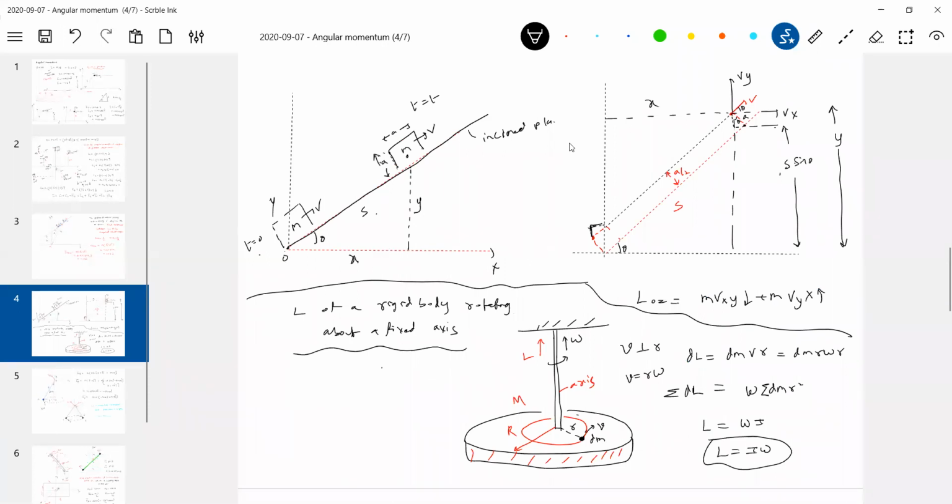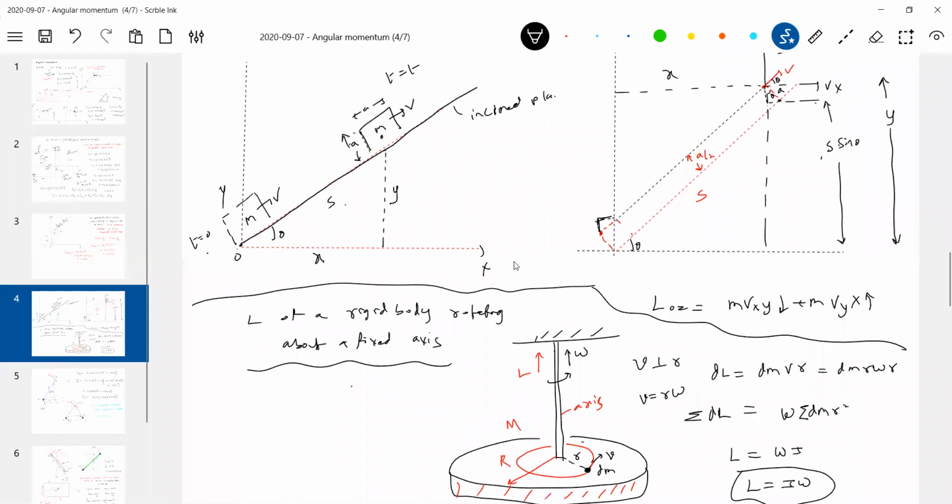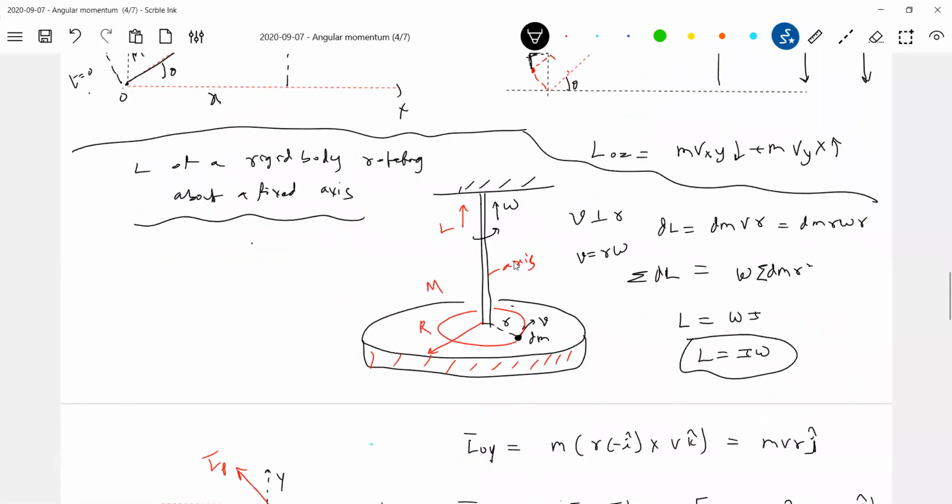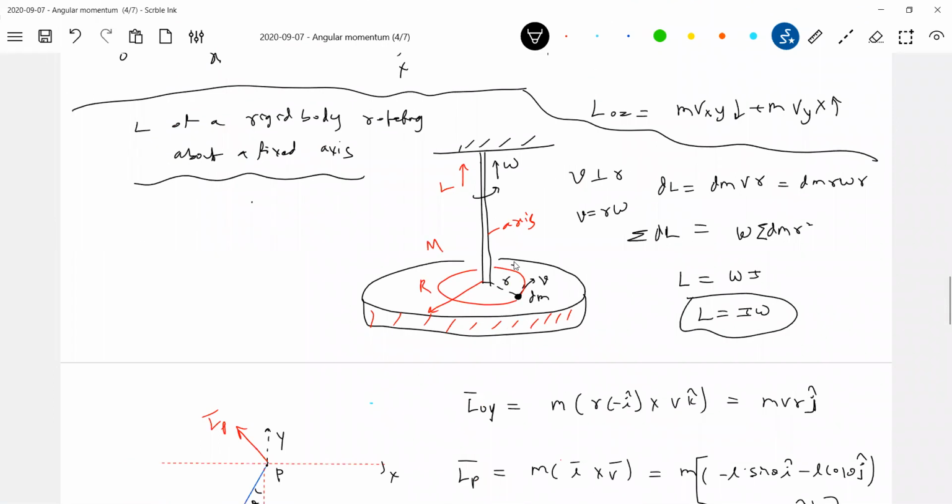I think it all depends upon how that body is oriented and how the body is being rotated. Agreed? Based on that, strictly what you can say is L bar is parallel to omega bar.